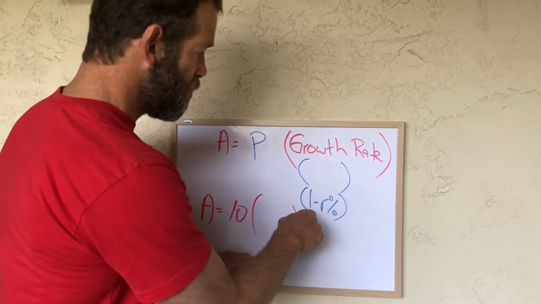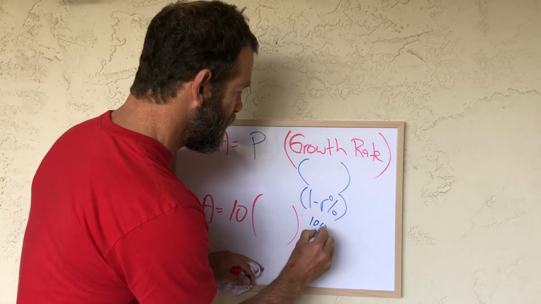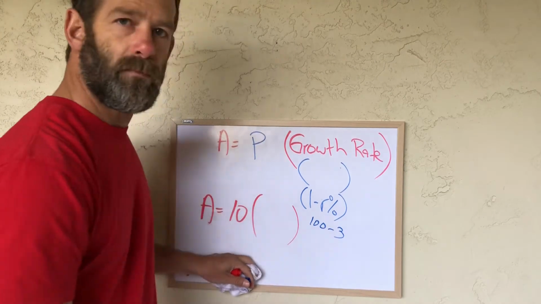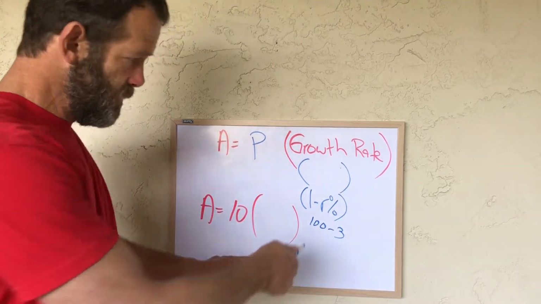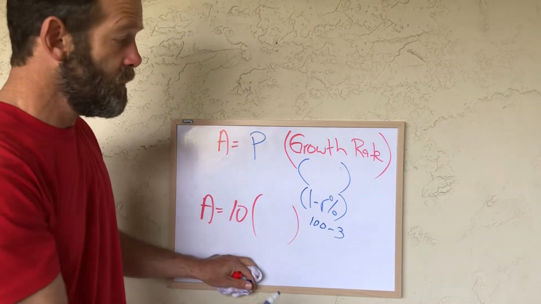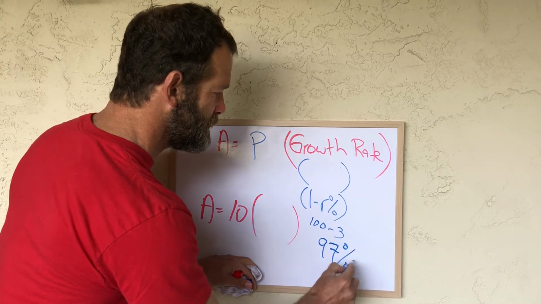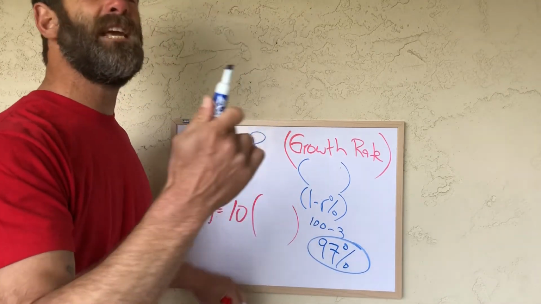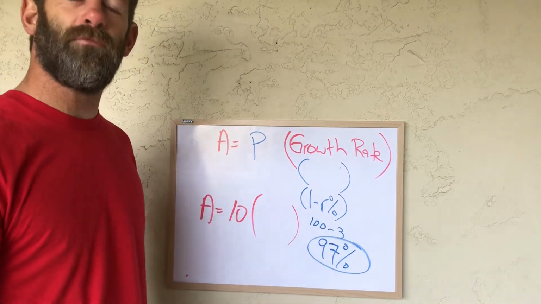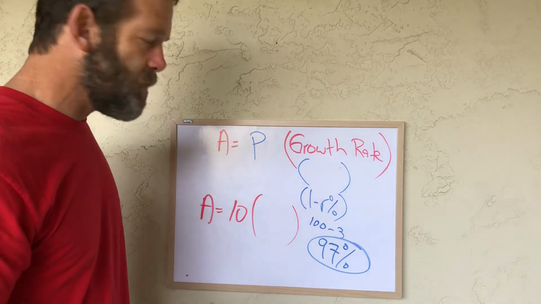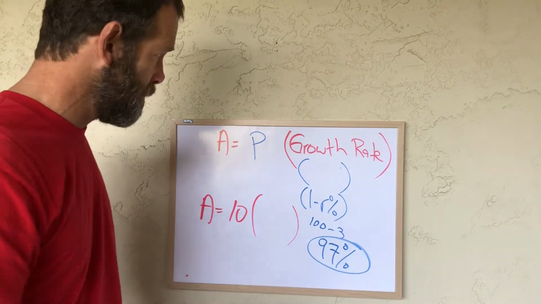So your growth rate is 100% minus your 3%. So what's your growth rate every year? If you think of this conceptually, you should understand that your growth rate is 97%. That means it's decreasing, it's a decay of 3%. Every single year, you need to figure out how much it is worth compared to the year before.